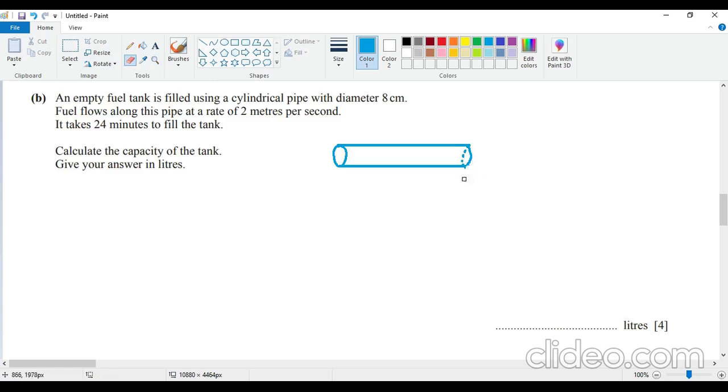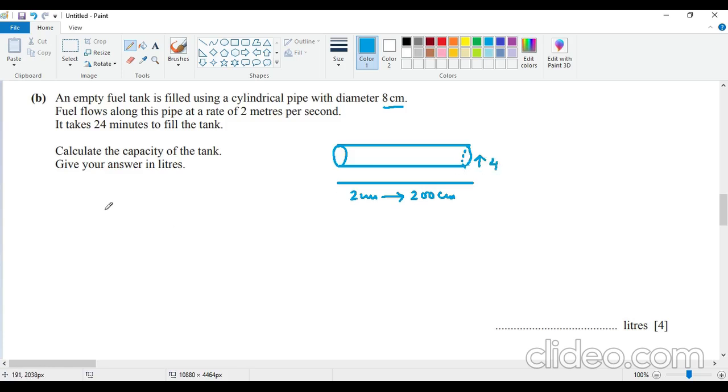The length of this cylindrical pipe is given as 2 meters, but I will be converting this into centimeters, so 200 centimeters. Why? Because the volume is to be taken in cubic centimeters, and this length is also given in centimeters. So the radius is going to be 4.